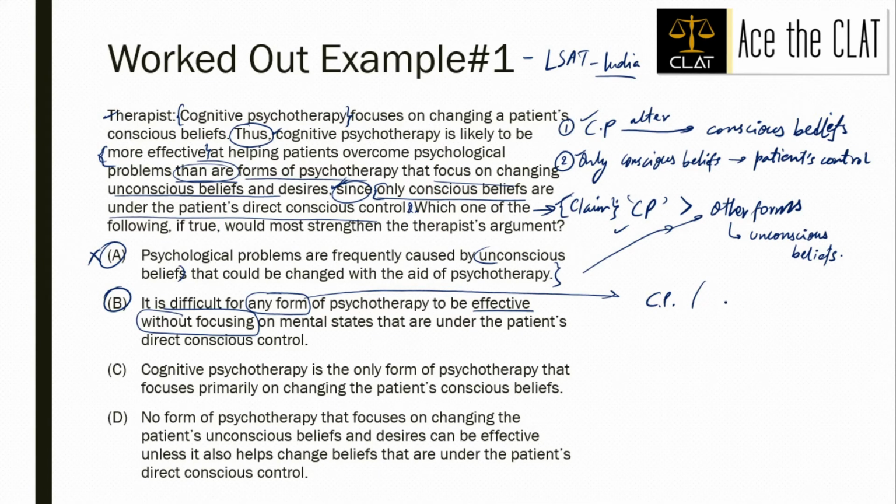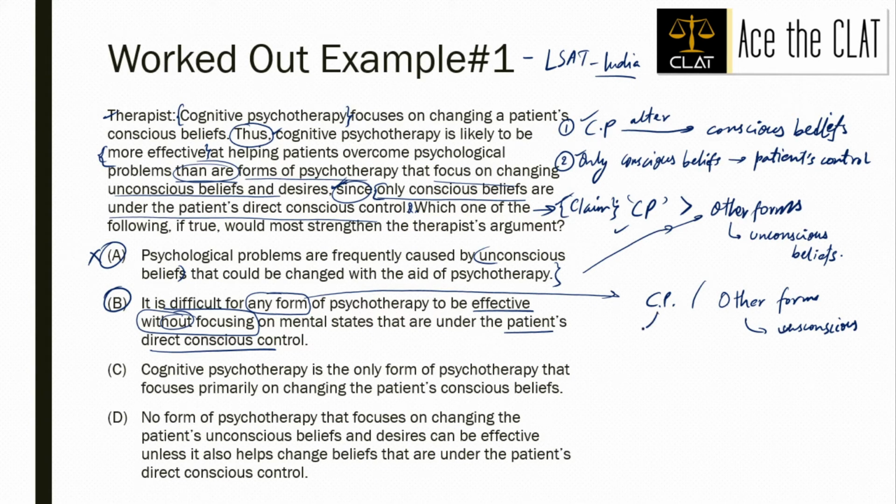Literally any form of psychotherapy, like cognitive, other forms of psychotherapy as well, and it says that it is difficult for such forms of psychotherapy which do not focus on things that are under patient's direct conscious control, which means that it is difficult for other forms of psychotherapy which do not focus on conscious beliefs or does focus on unconscious beliefs, right?